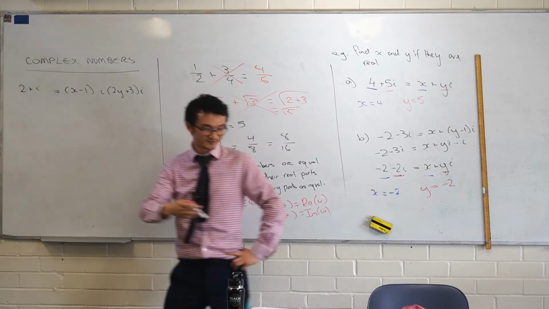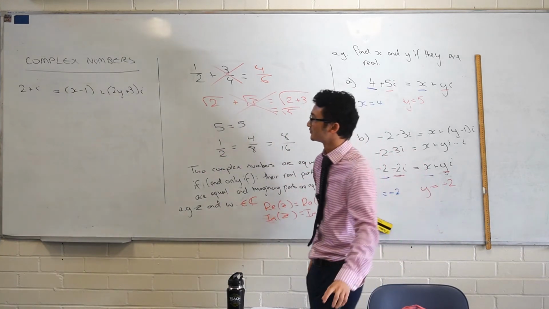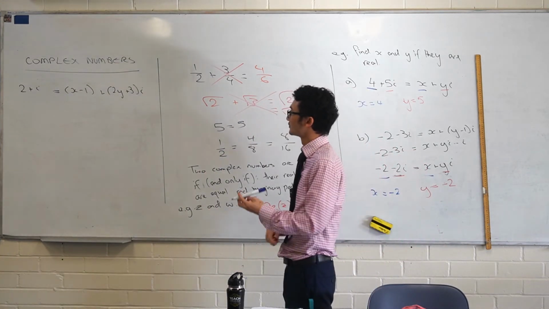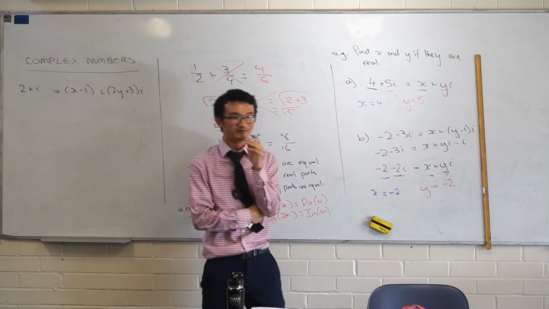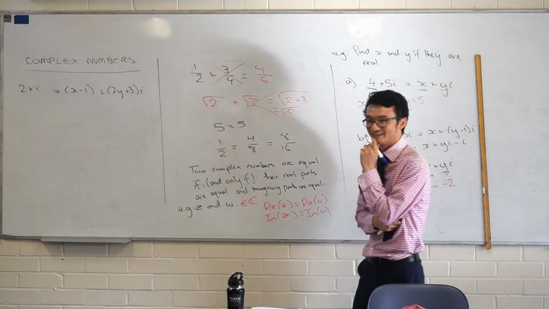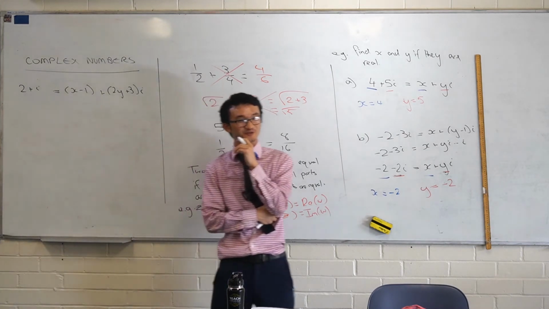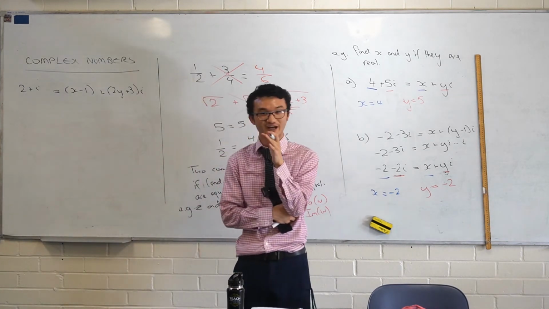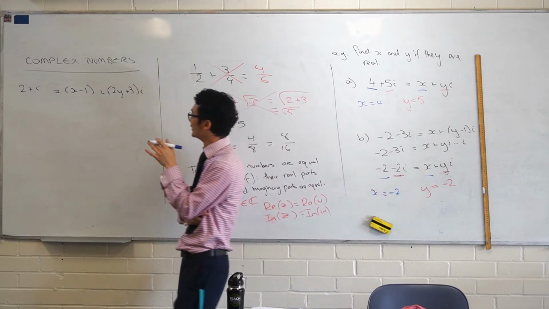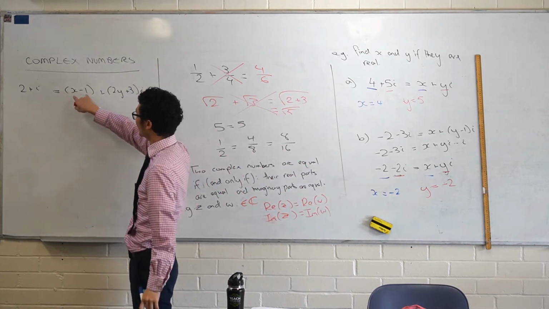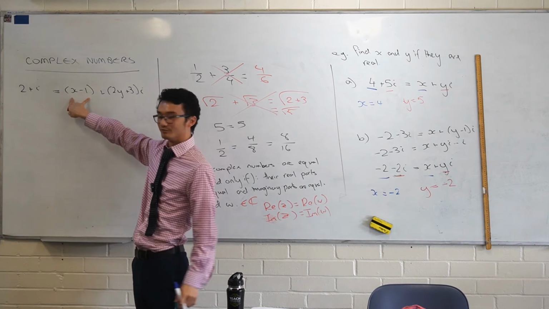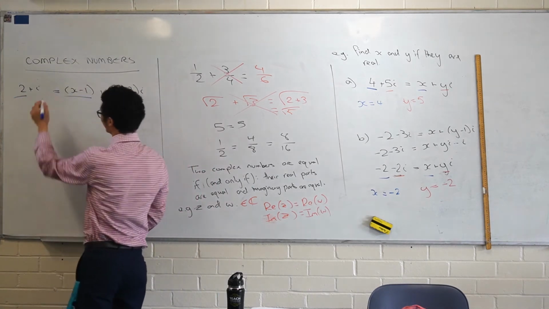How'd you go with this one, James? So I made the comparison between 2 and x minus 1. Okay, I think that's probably the best way actually moving forward. I've changed my mind, I think that is slightly better, provided that you are careful with when you use it, making sure you're actually comparing the real components. The real parts are the parts that are separate from i. So my real parts are 2 and x minus 1.